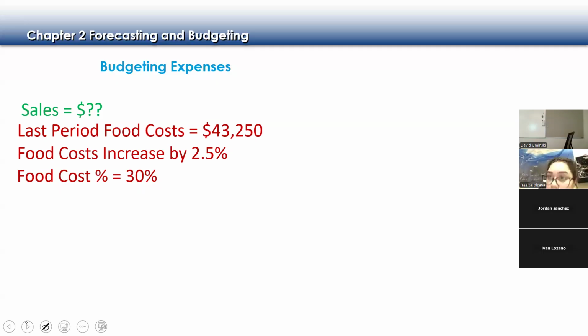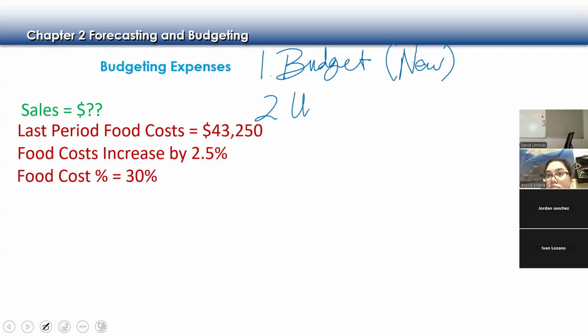Okay. So this is a 2-step process. First step, we need to find our budgeted amount, our new budget. The second step, we use the triangle.